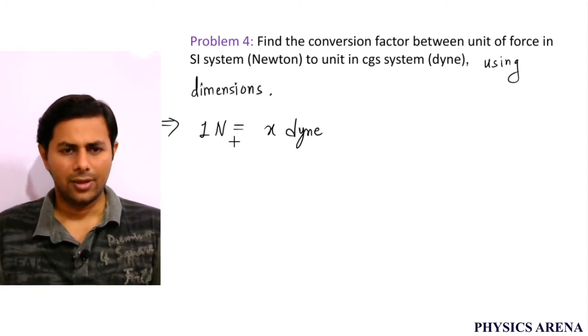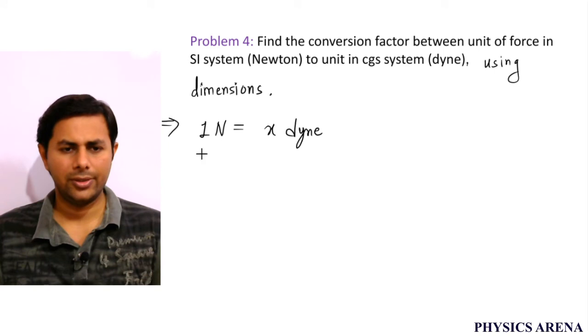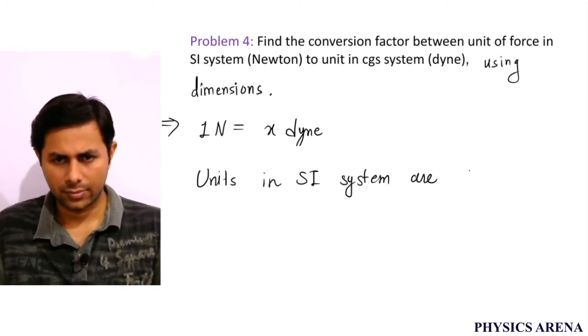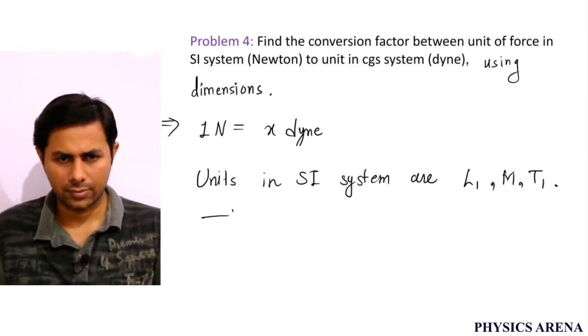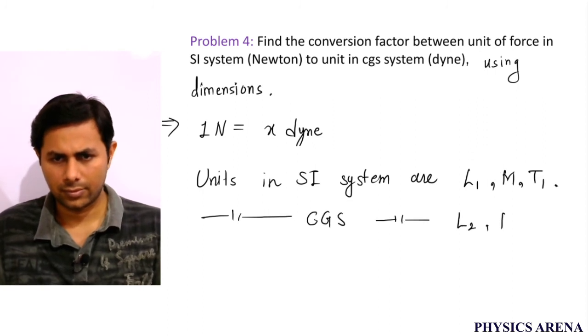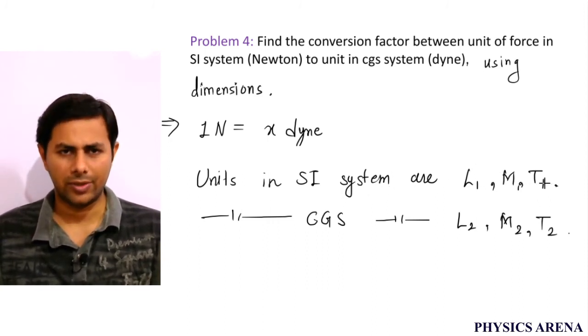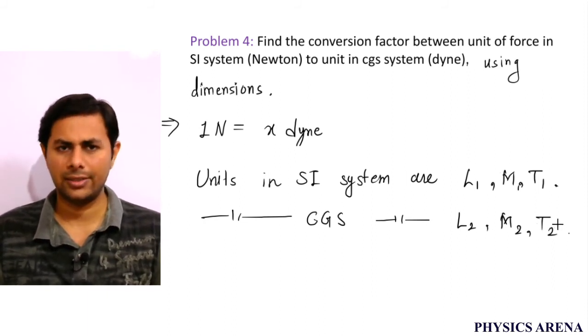Okay. So now let's suppose units of length, mass and time in SI system are L1, M1, T1, and in CGS system they are L2, M2 and T2.